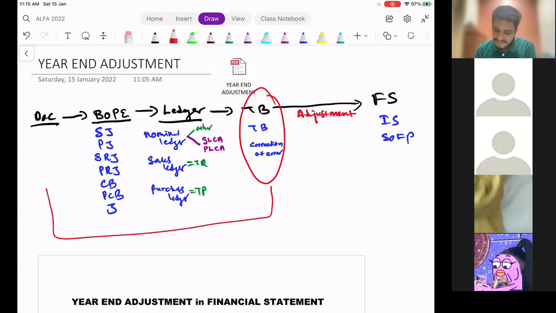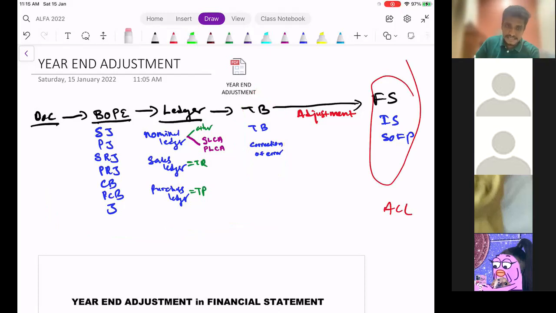They do the adjustments. The accountant doesn't do the adjustments; the accountant tells the bookkeepers to do them. With the guidance of the accountant, the bookkeepers will do the adjustments. Then the accountant will do the financial statements based on the adjusted trial balance.